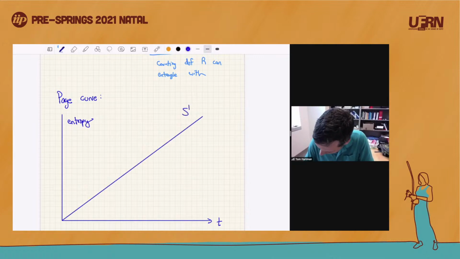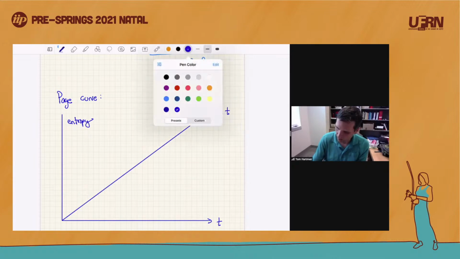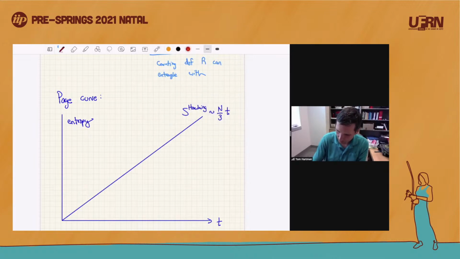That's like Hawking's calculation, so I'll call that S Hawking, that just grows as n/3 times t. And what we want to do is compare that to the generalized entropy of R complement. So this is S gen of R complement. And that's just a constant, as I've drawn it.